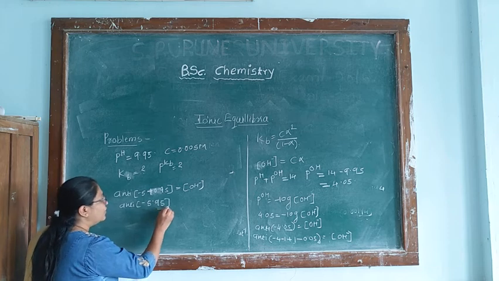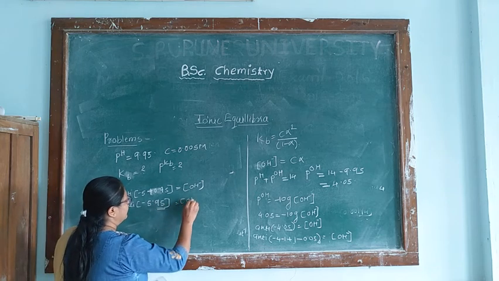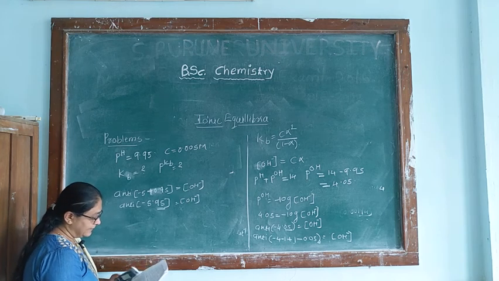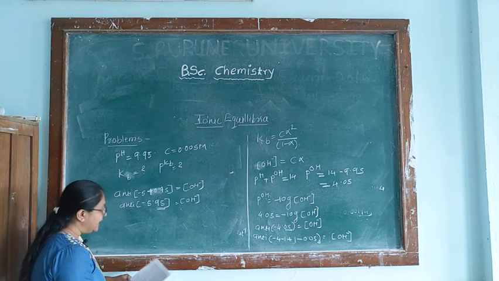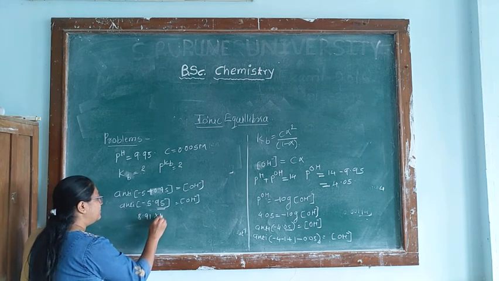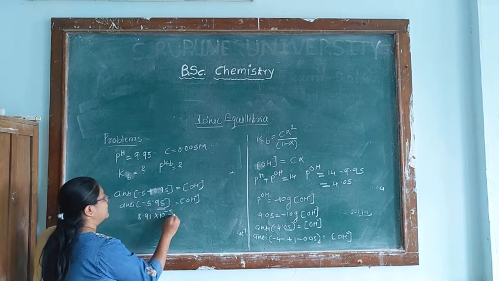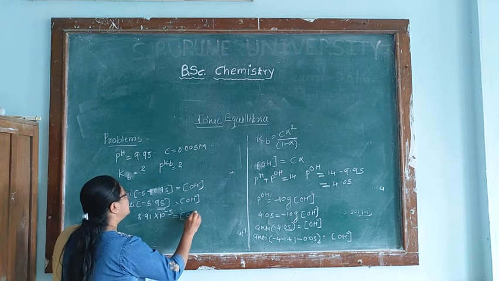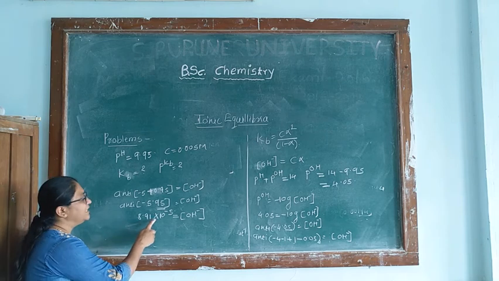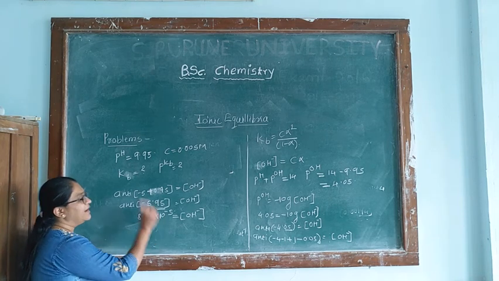Now see the anti-log of 0.95, and that is, the anti-log is 8.91, and this will be in the power -5. So the concentration of the OH minus ion is 8.91 into 10 to the power -5.